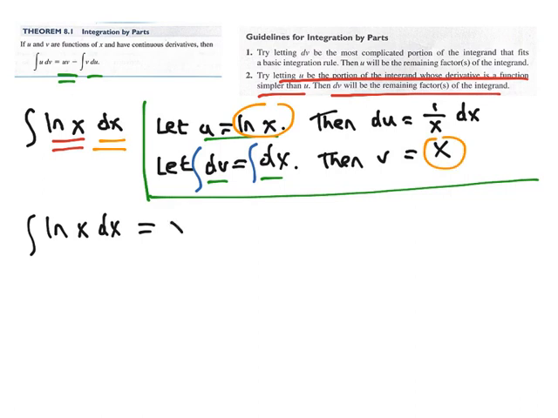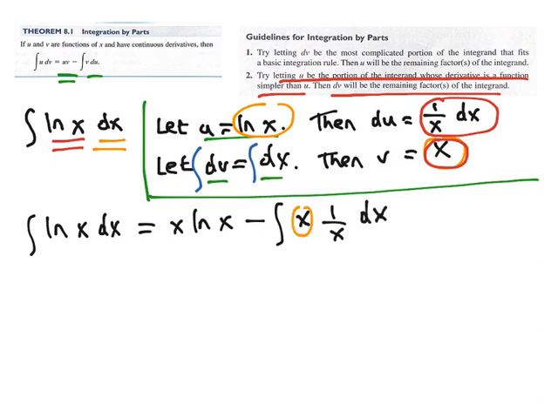I can write that as x times natural log of x, minus the indefinite integral of v du. So we've got v is x and du is 1 over x dx. So v du would be x times 1 over x dx. And of course, when you do x times 1 over x, you'll get 1, so you just have 1 dx here.